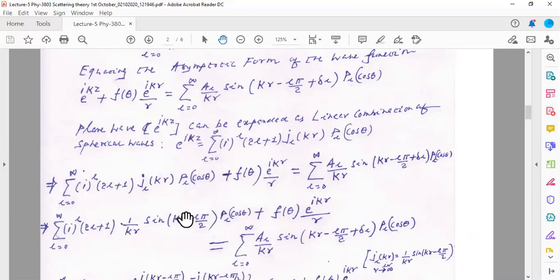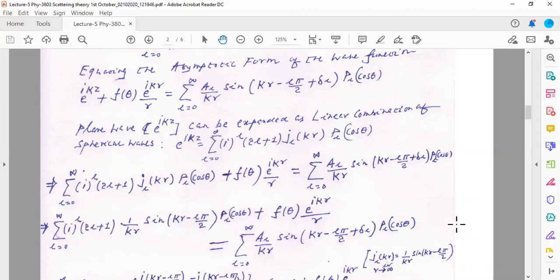So in the first term, you can see I simply put the value of j_l of kr when kr is very large, and you have the same factor. Look at the right hand side term: A_l over kr times sine of (kr minus l pi by 2 plus delta_l). This is the phase shift part, with P_l of cos theta. So this equation is known to you.